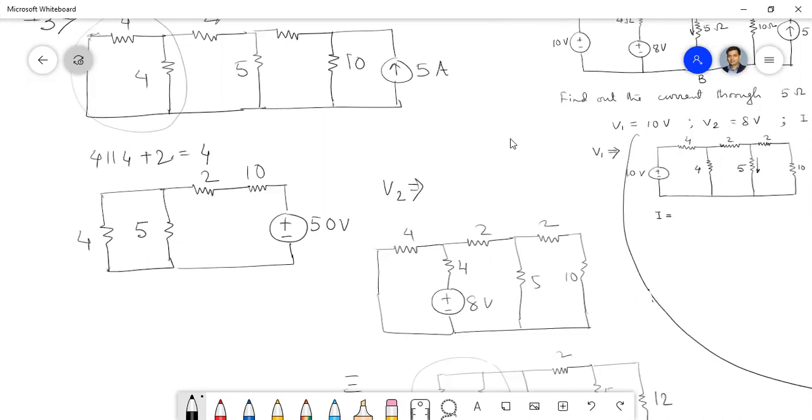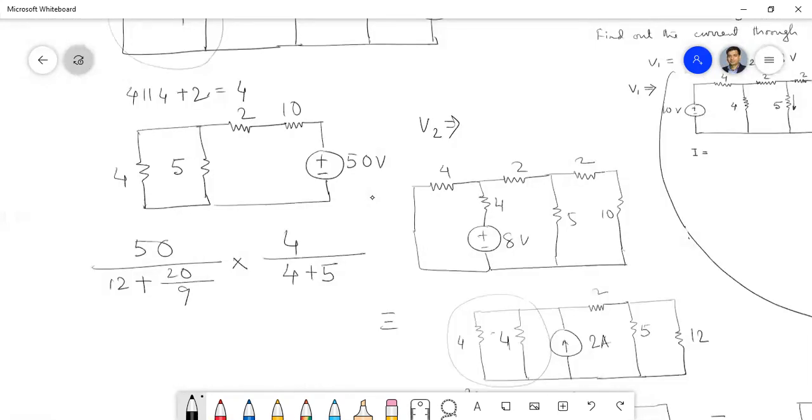Overall current is 50 divided by 10 plus 2, that is 12, plus 5 into 4, 20 divided by 5 plus 4, 9. Into 4 divided by 4 plus 5, 4 divided by 9.